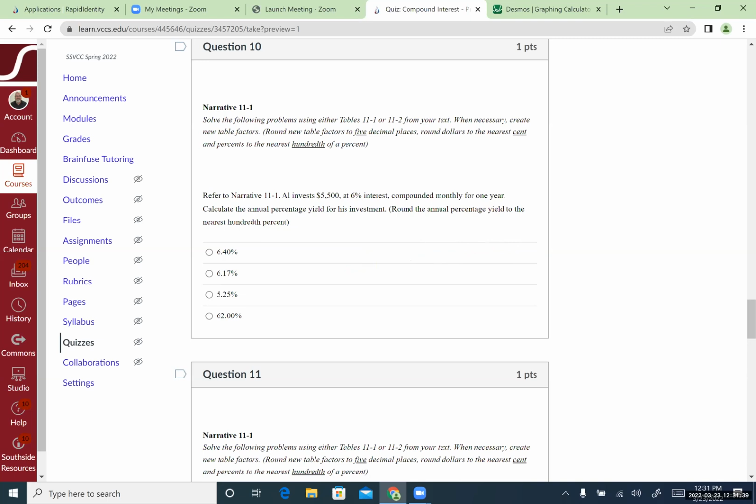The yield, remember our annual percentage yield in this case is 1 plus the rate, and this rate is 6% divided by the number of periods per year, compounded monthly.